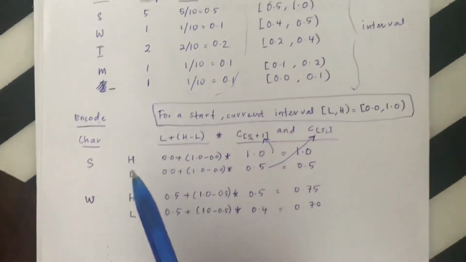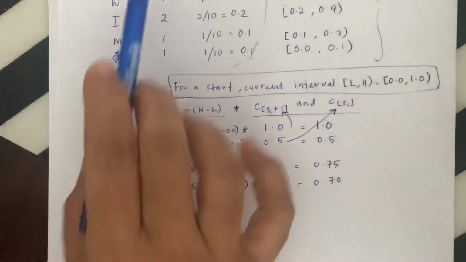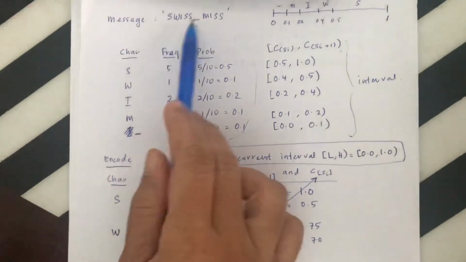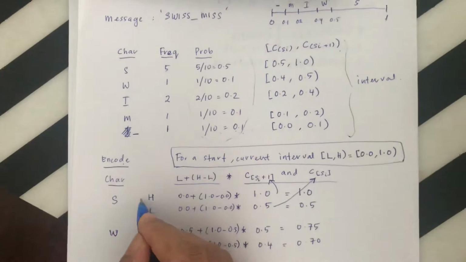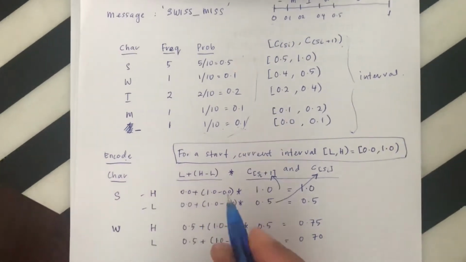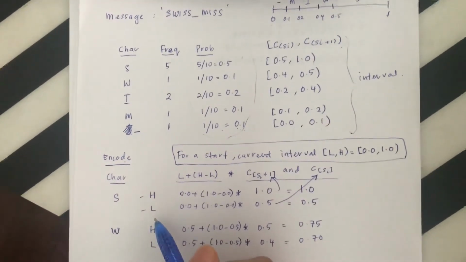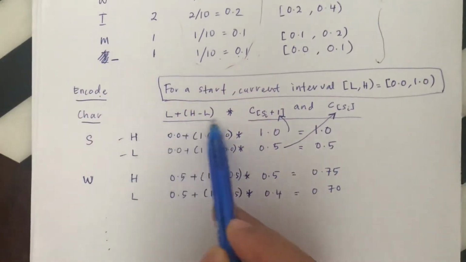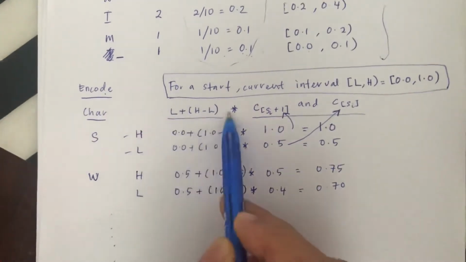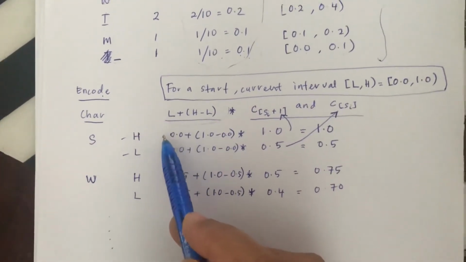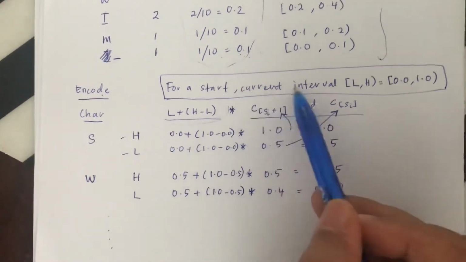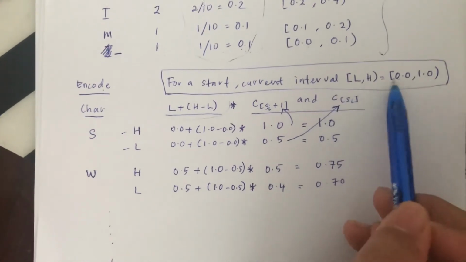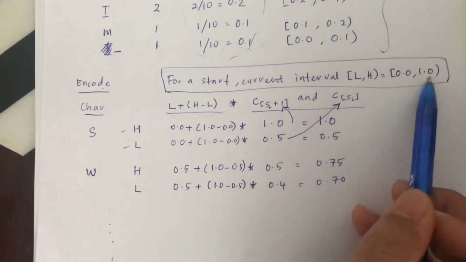To encode, we start with the character S. For each character that you want to encode, you have to get the high and the low end, the H and L, by using this formula. For a start, we assume that the current interval is from 0 to 1, meaning L is 0 and H is 1.